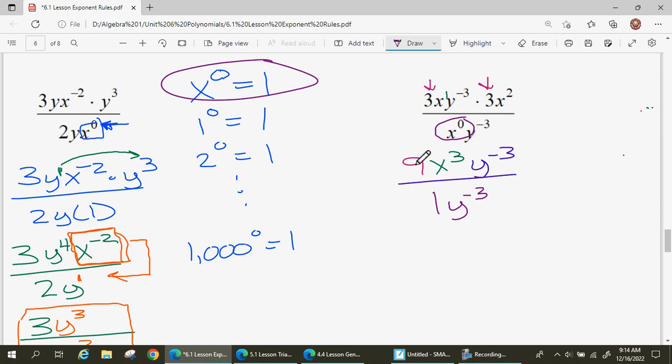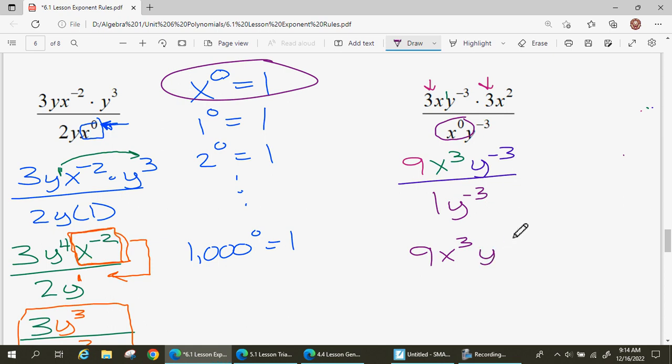And so now I can do some division. 9 divided by 1 is 9. There's no other x's, so x to the third stays the same. I can do y to the negative third divided by y to the negative third by subtracting negative 3 minus negative 3.